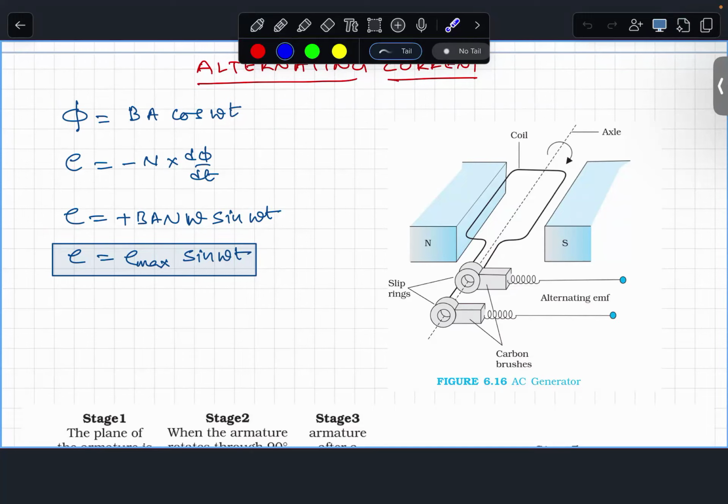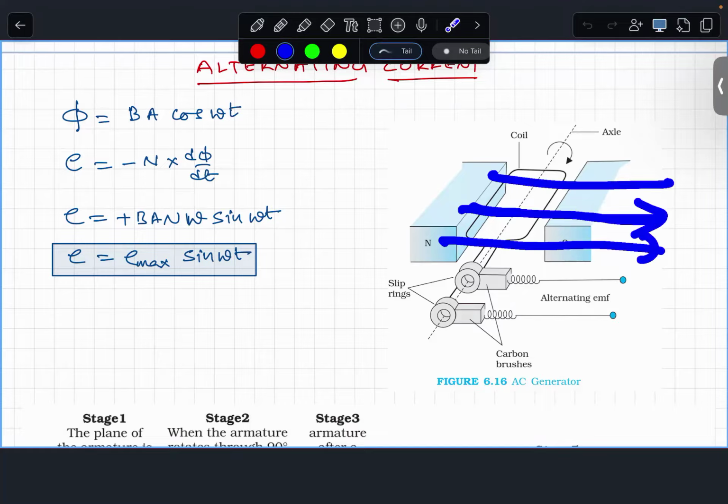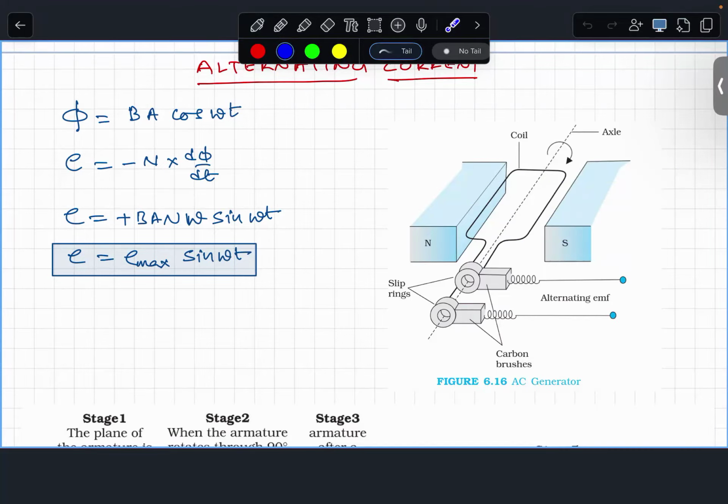Remember, this is called an AC generator. In this arrangement, you will have strong pole pieces of a magnet. You can see north pole and south pole here. This is the direction of the magnetic field, at any time.